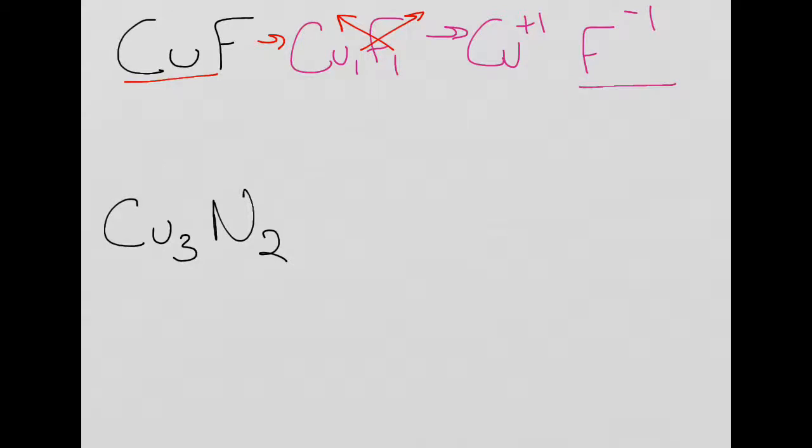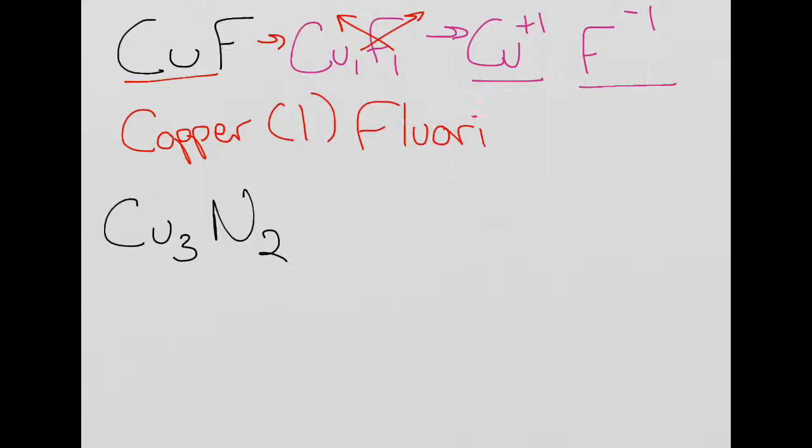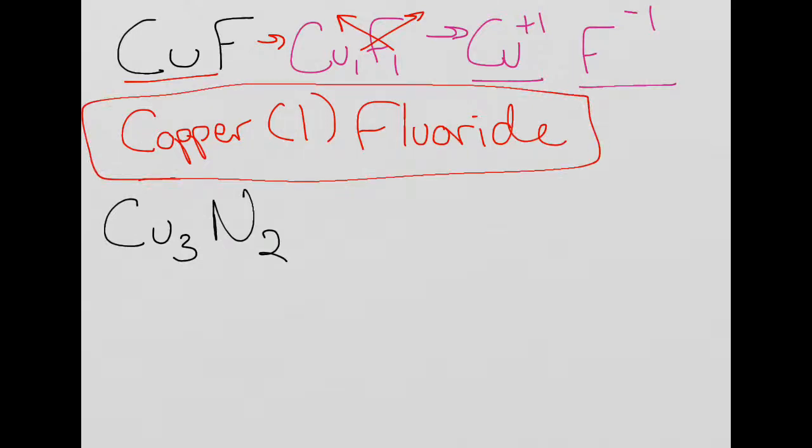Fluorine is usually -1. Copper can be +1, +2, and so here I know, in this case, it'll be +1. So that way, when I write its name, I can have copper, and then a Roman numeral 1 here, fluoride, as the name of this ionic compound.